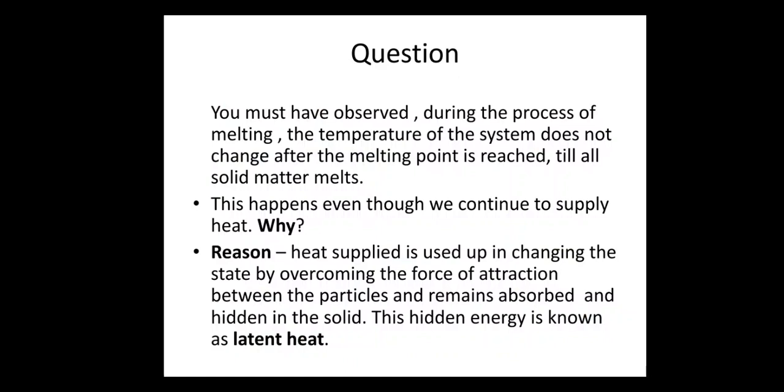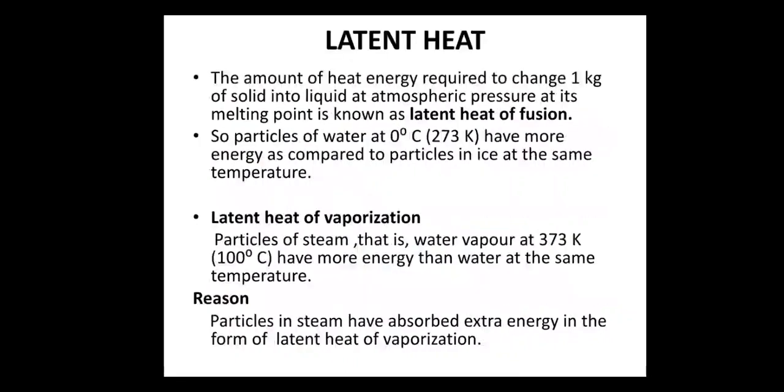This hidden energy is known as latent heat. Let us define the word latent heat. The amount of heat energy required to change 1 kilogram of solid into liquid at atmospheric pressure at its melting point is known as latent heat of fusion.